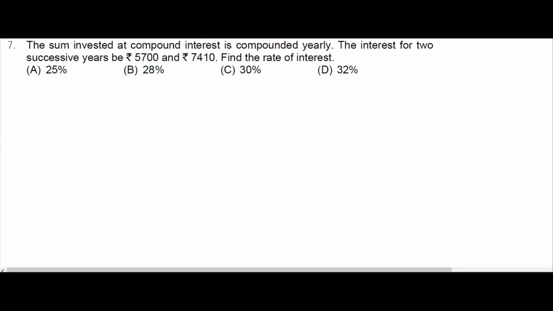The sum invested at compound interest is compounded annually. The interest for 2 successive years is 5700 and 7410. Find the rate of interest.